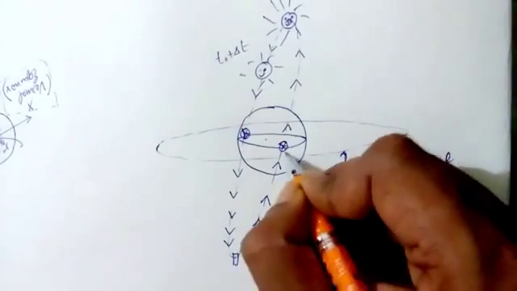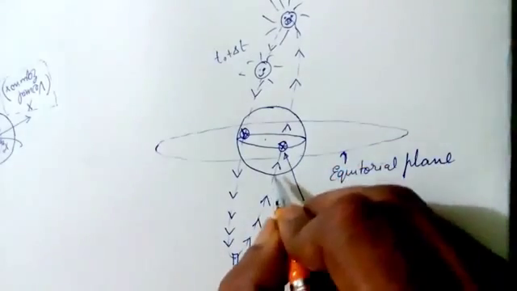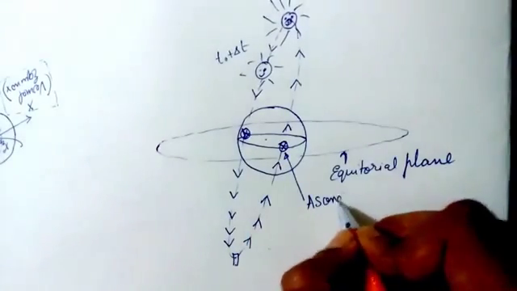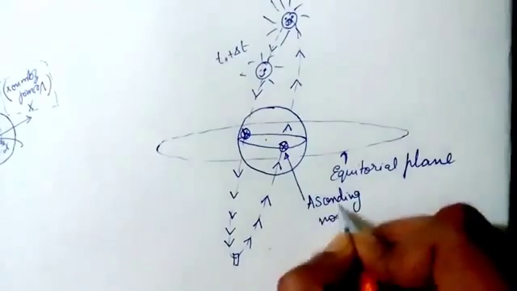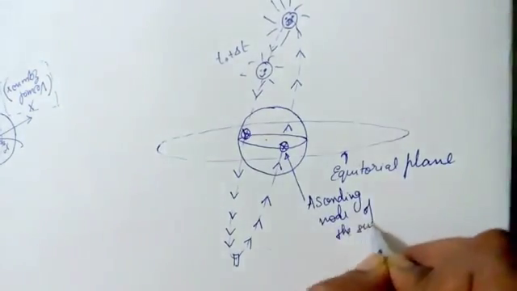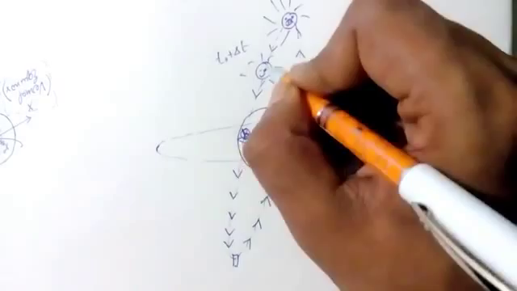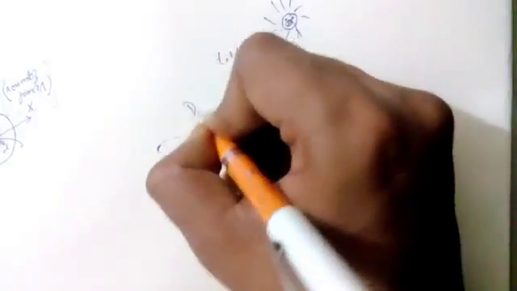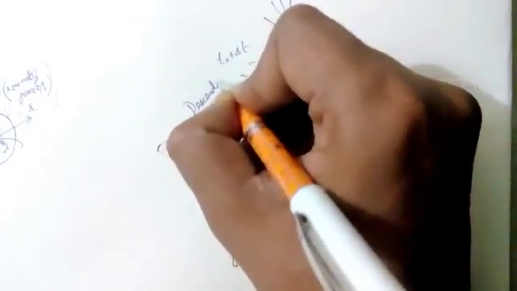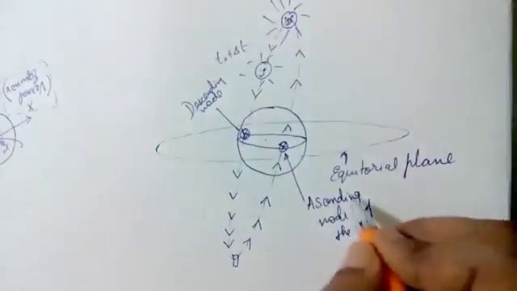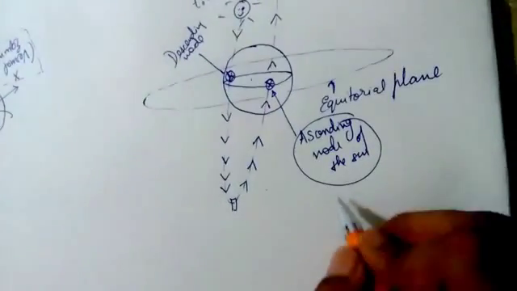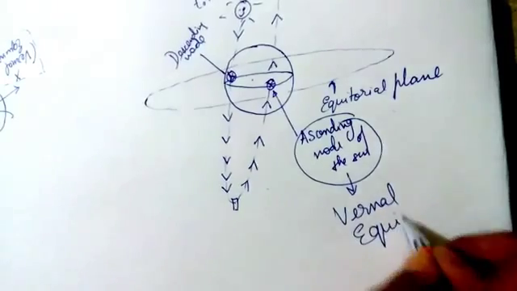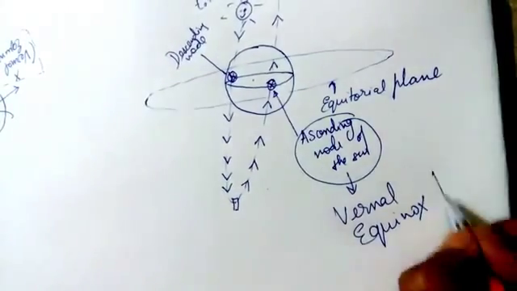This point where the Sun passes through the equatorial plane while going up is called the ascending node of the Sun. And this point where the Sun goes down and passes through the equatorial plane is called the descending node. Now this ascending node of the Sun has got another name, and that name is vernal equinox.